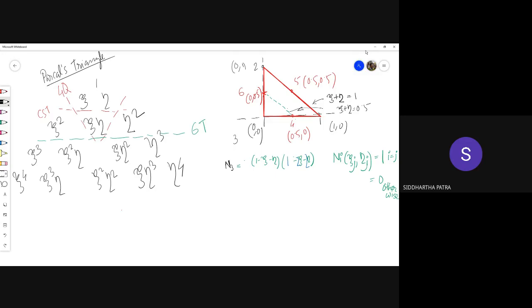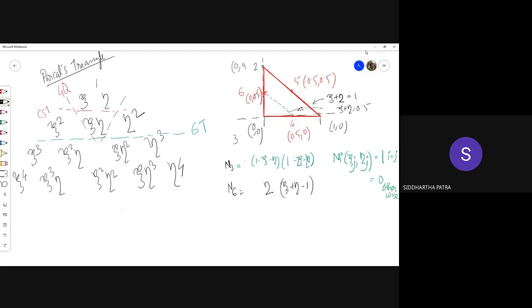For example, if you are trying to figure out N6, you need something that is 0 on this line and also on this line. Now the equation of this line is eta equals 0, and the equation of this line is xi plus eta minus 1 equals 0.